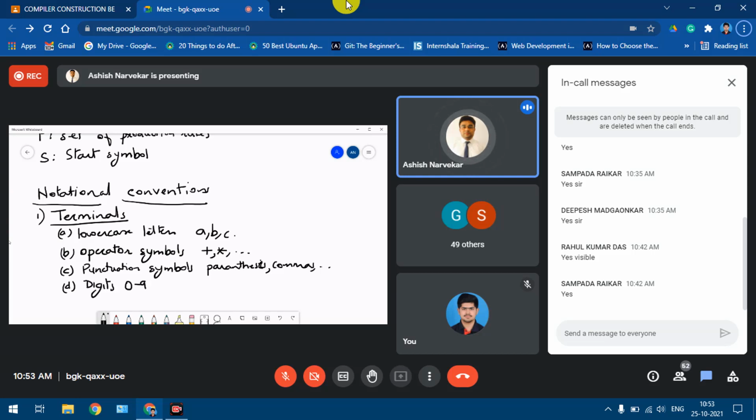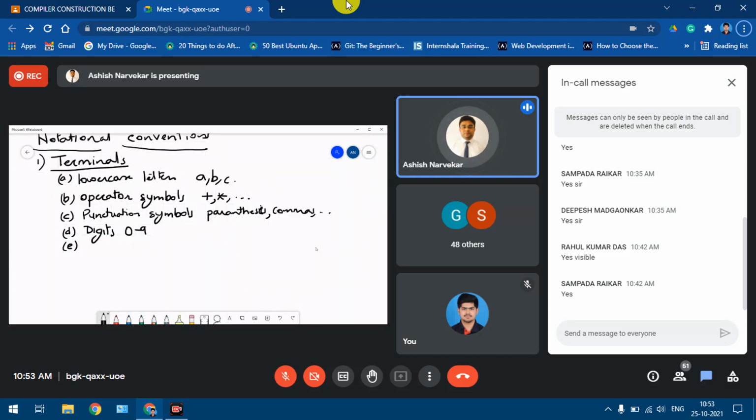So the digits from 0 to 9, they are also considered to be terminals. And additionally, in certain grammars, like for example, grammars which involve keywords of the language, or maybe certain sequences of characters, that is strings, they are also considered to be terminals. Okay, so we just call them boldface strings.